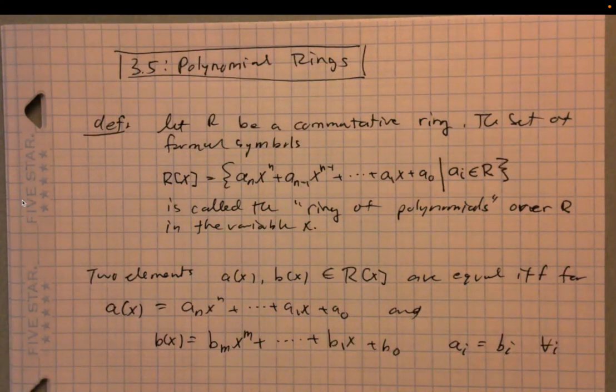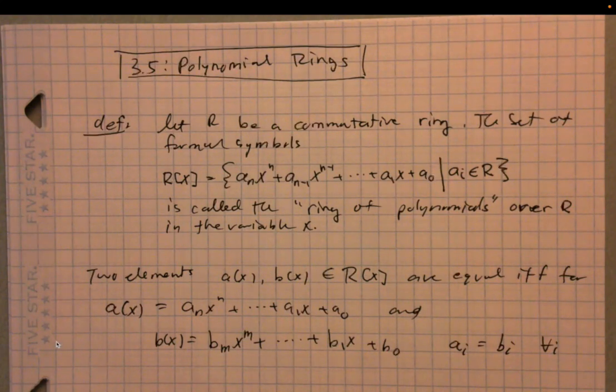So obviously the coefficients have to be equivalent. The coefficient on the nth term has to be equal in both polynomials in order for the polynomials to be identical.